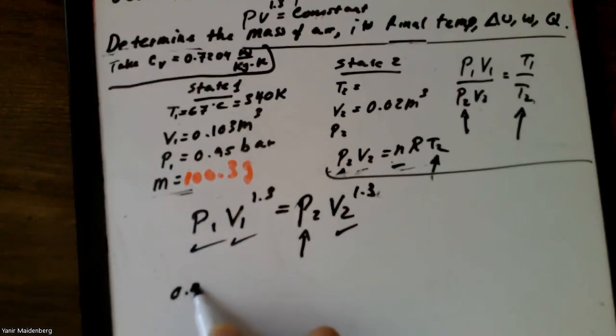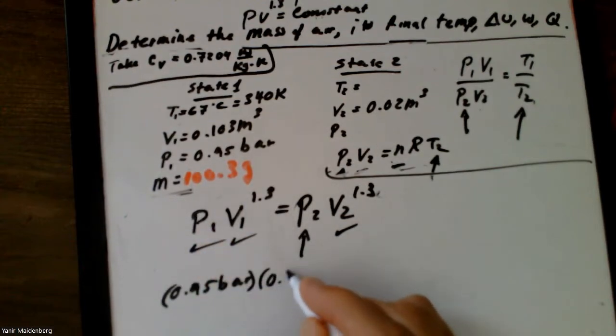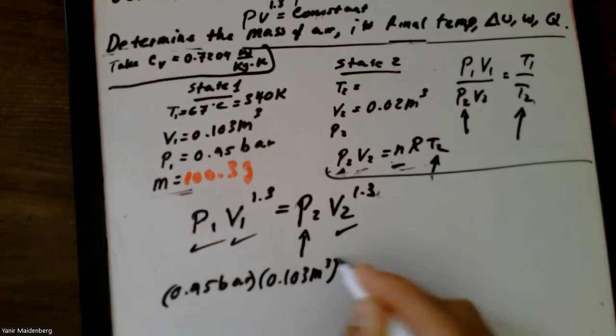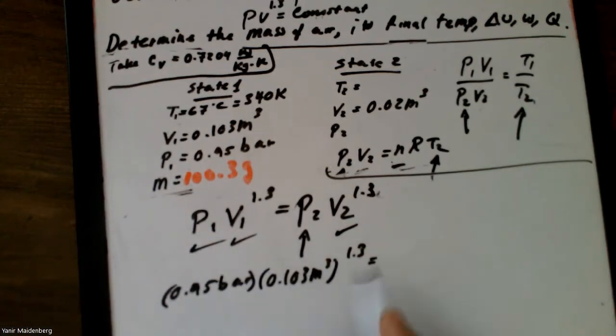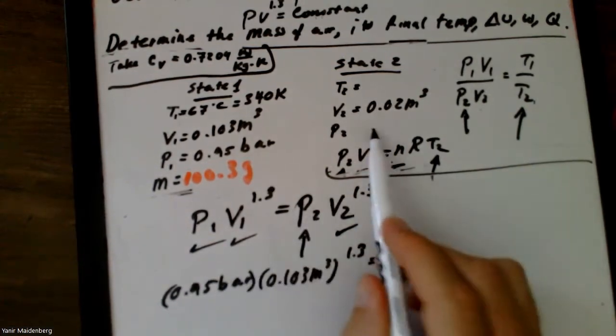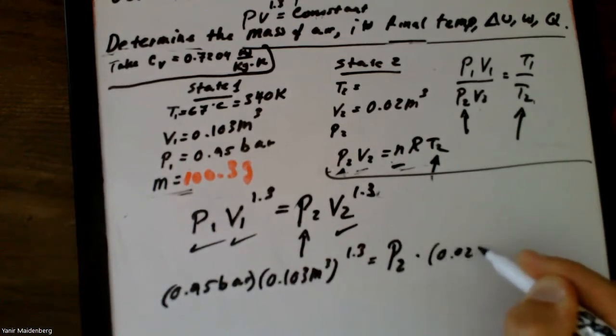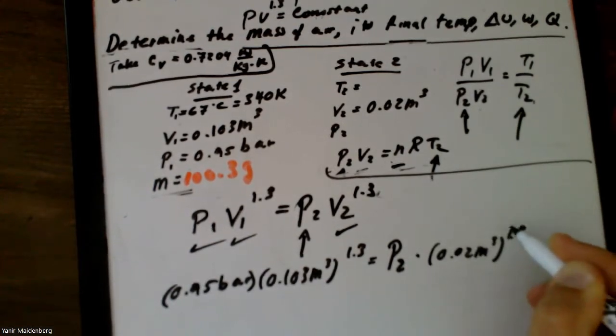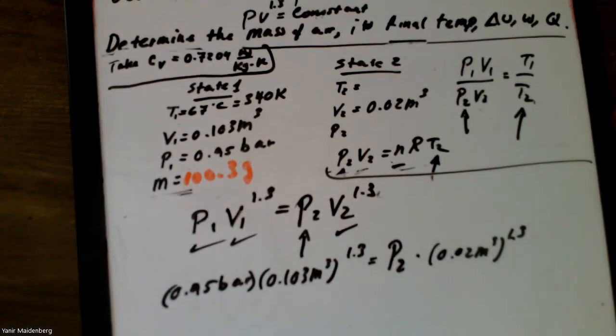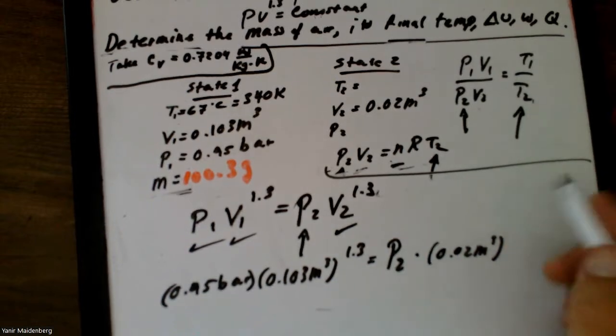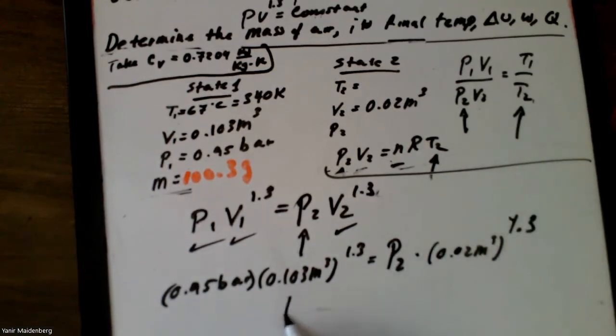I have 0.95 bars times the initial volume raised to the 1.3, and that's going to be equal to what I don't know, P2, times the final volume, which I do know, raised to the 1.3. So now it's just punching into the calculator, this times this divided by 0.02 to the 1.3. And when you do, you get that in bars, the final pressure is 8 bars.